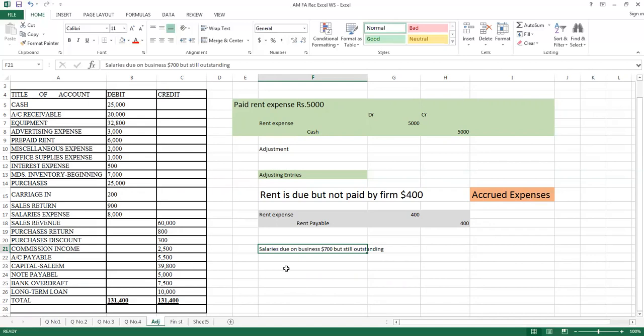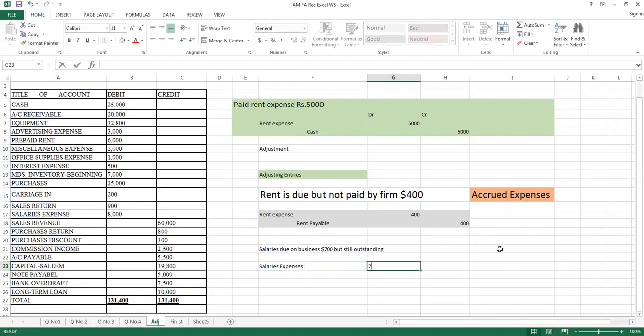So we will pass one entry, carefully check the title that I am using here: salaries expenses, debit by 700, and what title should I use?